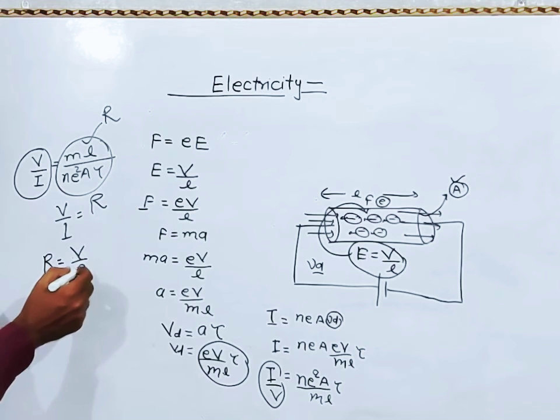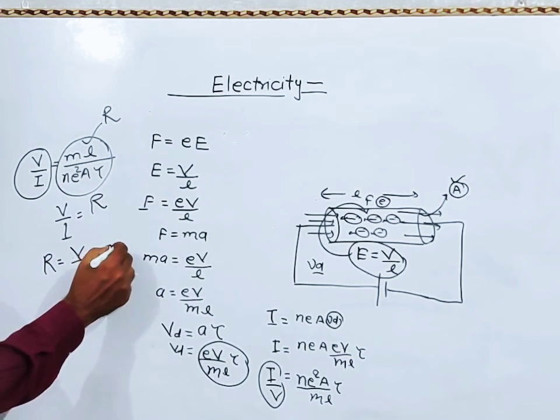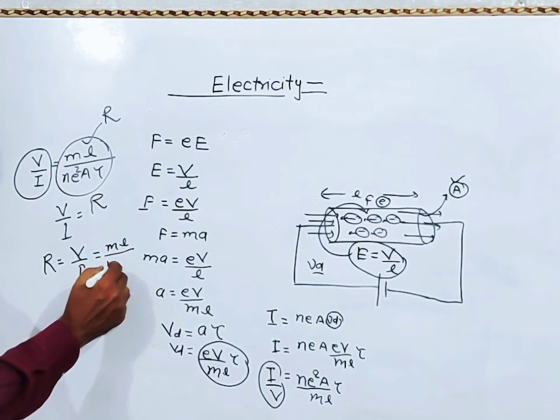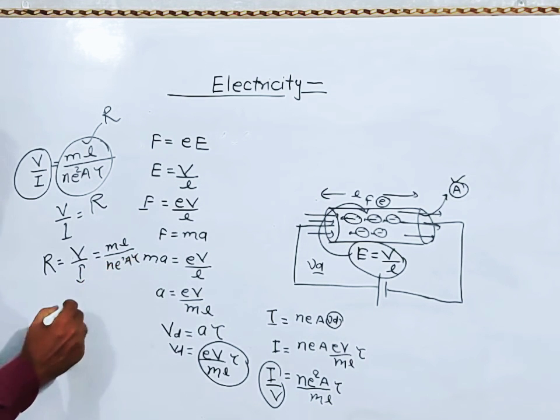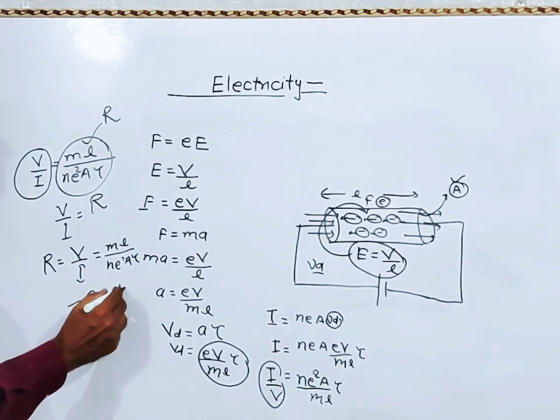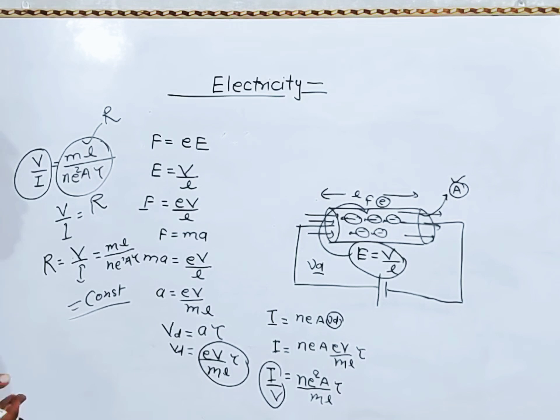So R is equal to V by I is equal to mL upon ne squared A tau is equal to constant. So this is the proof of Ohm's law.